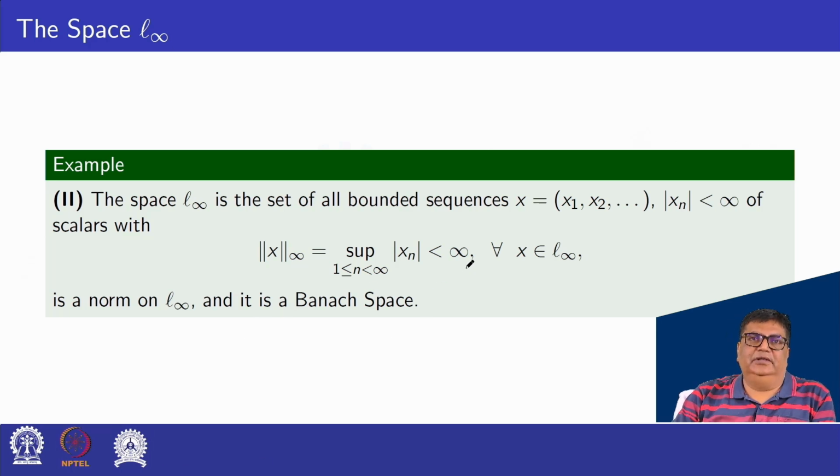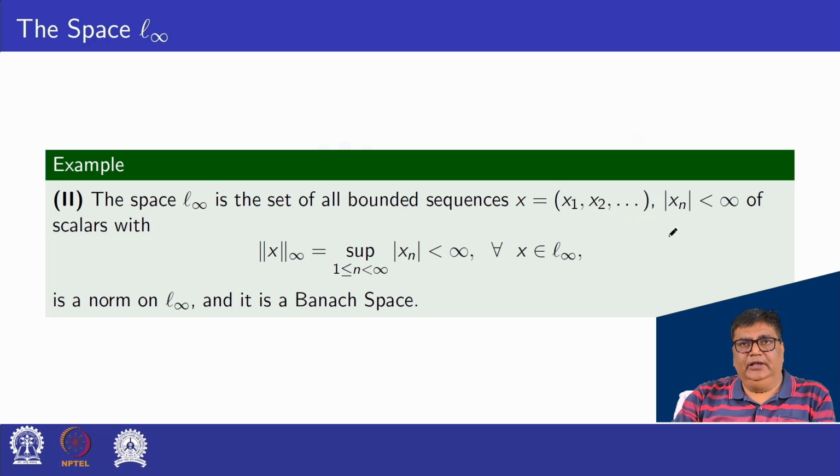Already we have discussed in the previous lecture L infinity n as a Banach space, where x is equal to x1, x2 and so on xn in L infinity n. That is finite dimensional.